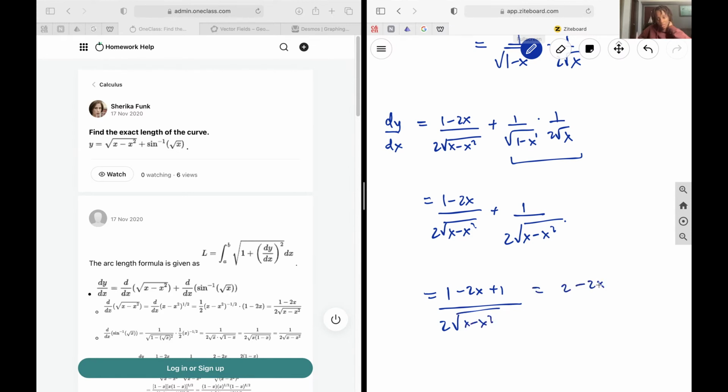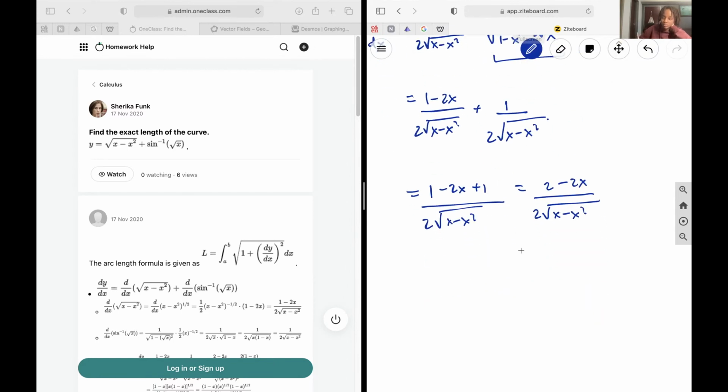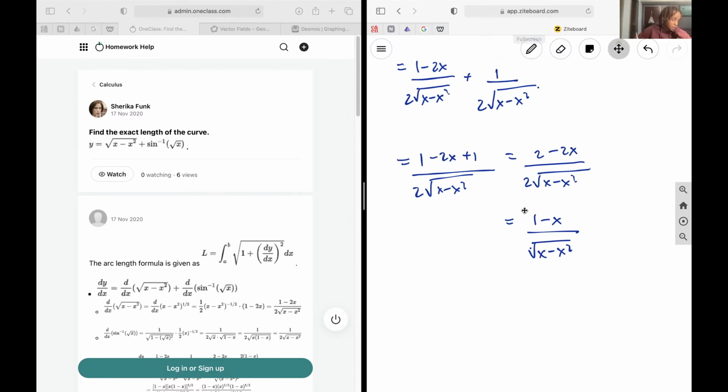This will give me 2 minus 2x over 2 root x minus x squared. I can see a common factor of 2 here, so I'm just going to cancel it and that leaves me with 1 minus x over the square root of x minus x squared.